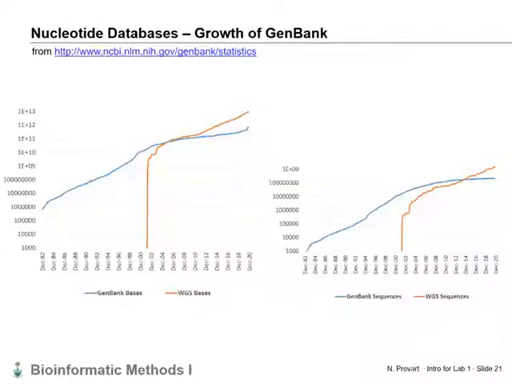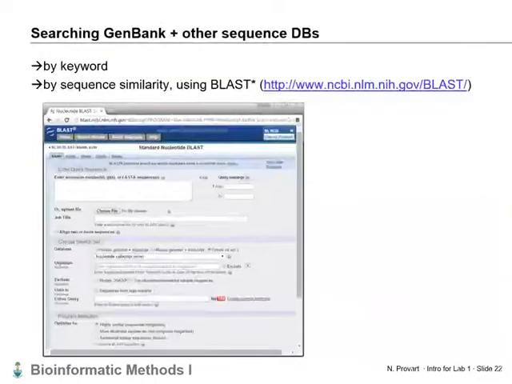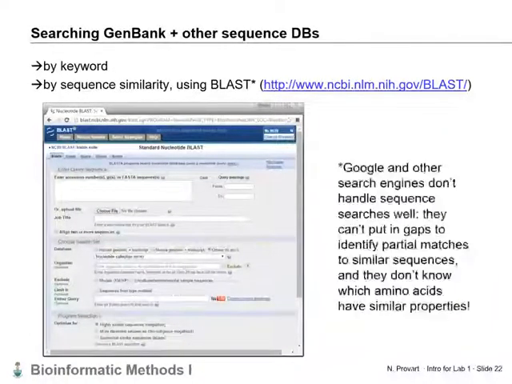And in order to be able to search that, we need some computational methods. Obviously, we can use keywords, and that's what we'll be talking about in a little bit as one of the examples and what you'll be doing today in the lab, or we can search by sequence similarity using BLAST.